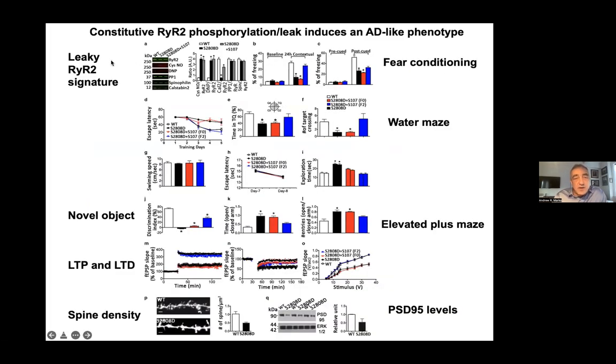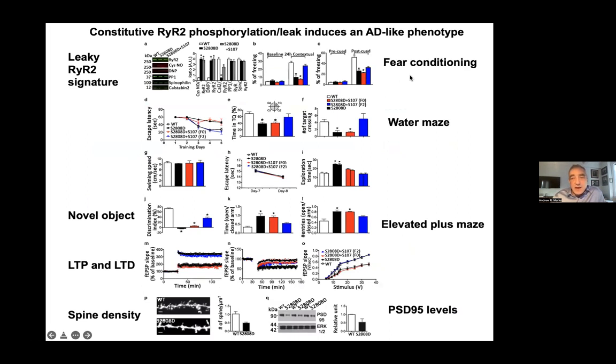Then we generated a mouse mimicking a constitutive PKA phosphorylation of the RyR2 channel, which induces a leak. So these mice are born with leaky channels. And they also had the biochemical signature of leaky channels.